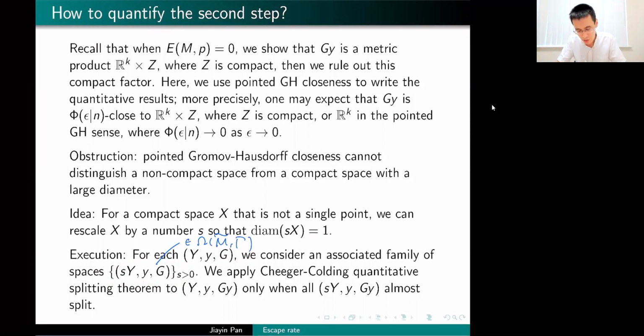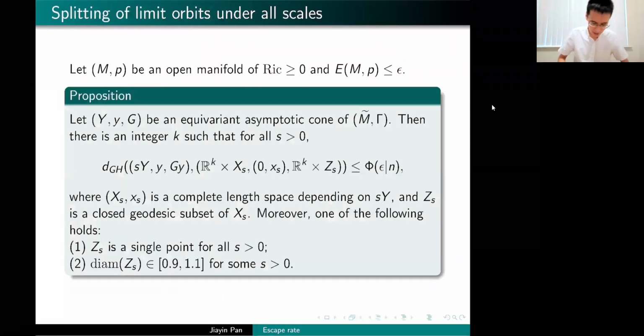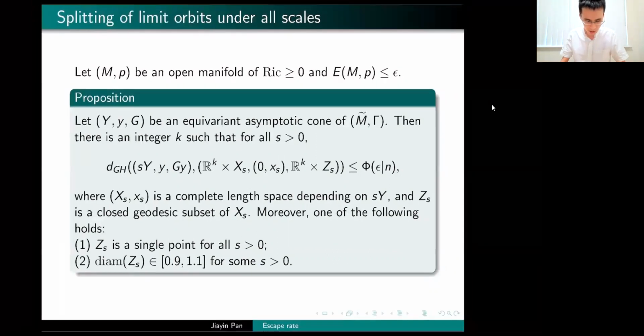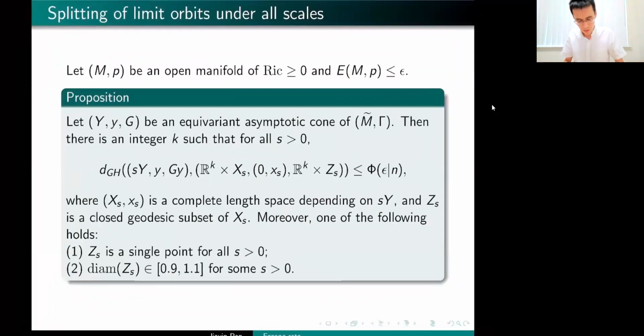So we'll consider this family together at once, and we'll apply the Cheeger-Colding quantitative splitting theorem only when all the spaces in this family are almost splits. That's roughly the idea. With this idea and many other work I may not mention here, we can prove this proposition.